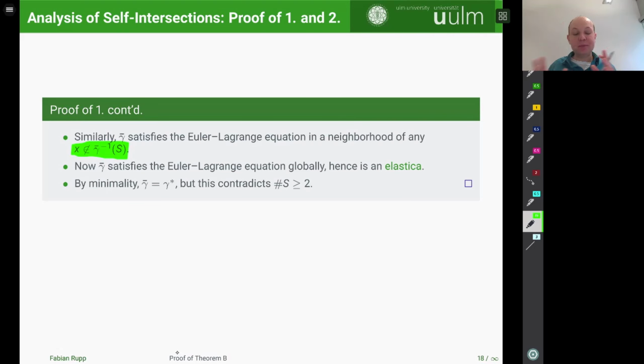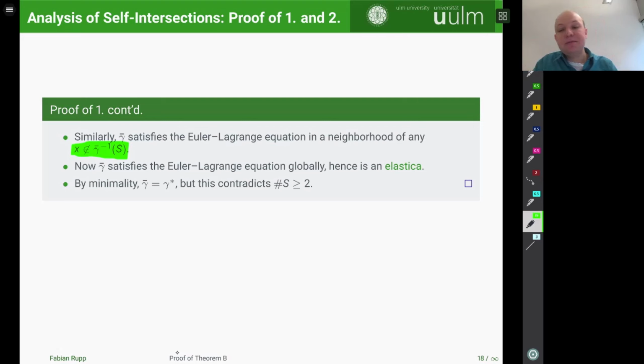It's satisfied in the neighborhood of every point which is not in the pre-image of S, and it's also satisfied by the previous slide for every point which is in the pre-image of S under gamma bar. So by a partition of unity argument, you can then show that the Euler-Lagrange equation is satisfied globally, and hence the gamma bar is an elastica.